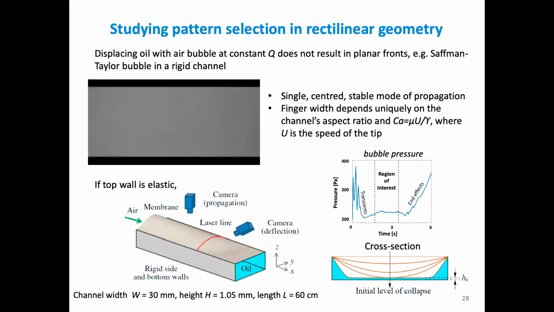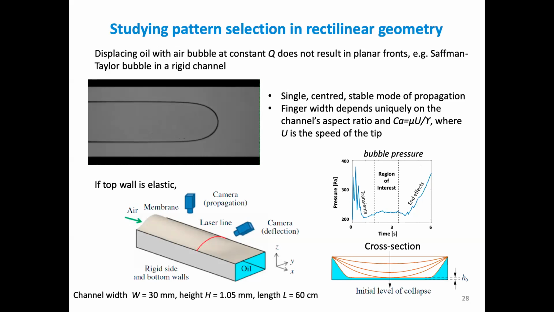Now, in rectangular Hele-Shaw cells, when you're injecting at a constant injection rate, when you have two parallel rigid walls, you also cannot sustain a flat interface. The reason is the fingering instability. As a result of that fingering instability, you have a single finger that develops and moves inside this channel and has a particular width and a particular curvature.